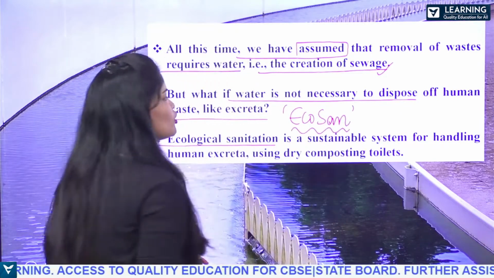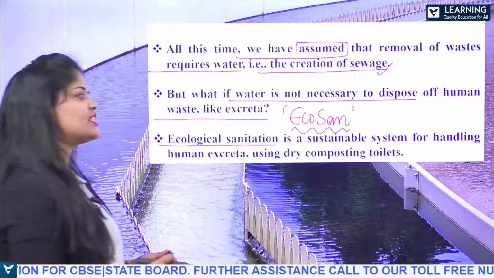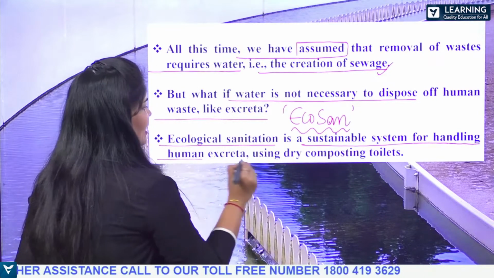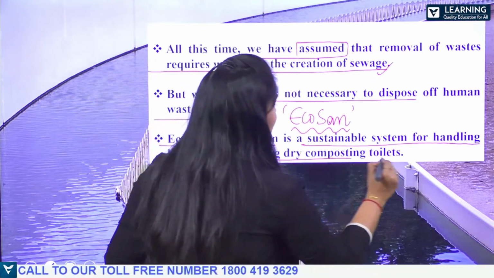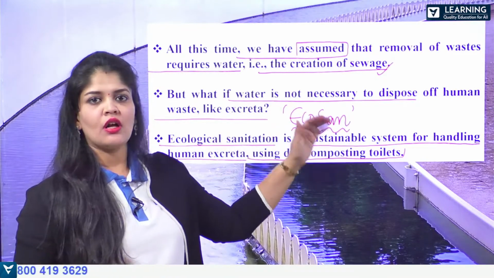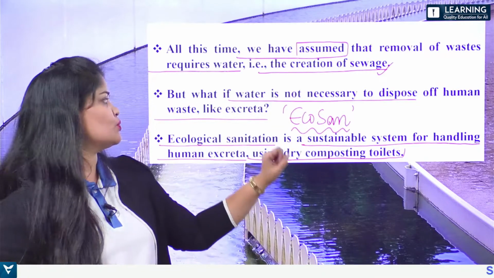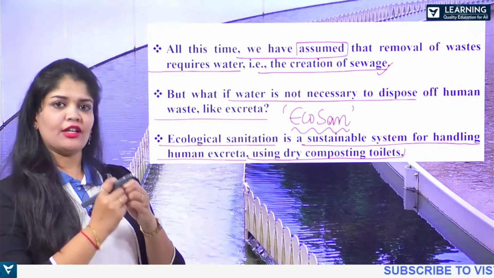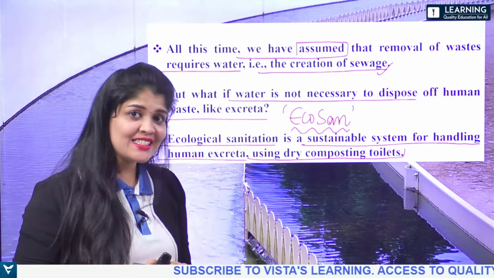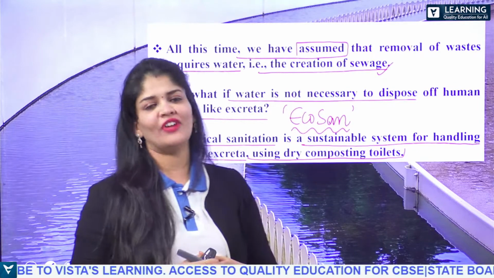Eco-san. Ecological sanitation, which is a sustainable system for handling human excreta using dry composting toilets. Here, we can very effectively, economically and also hygienically convert this human waste into fertilizers.